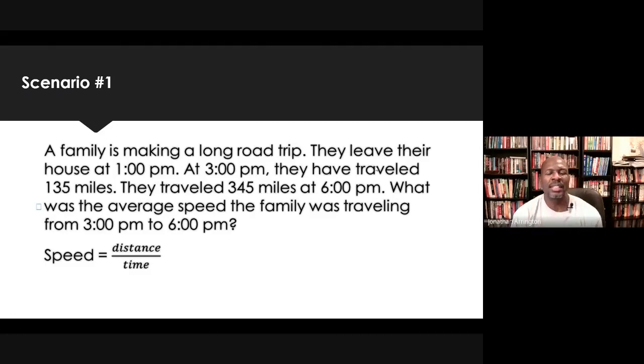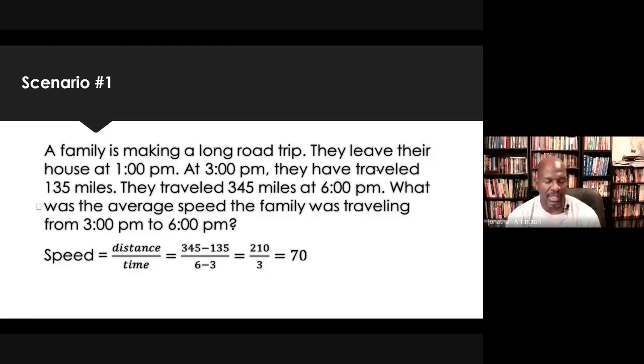And of course, to get the time that has elapsed, we're just going to do 6 minus 3. So we have that, which gives us 210 over 3. And so an average speed of 70. Of course, this is 70 miles per hour because the distance was in miles and the time was in hours. So the average speed was 70 miles per hour.